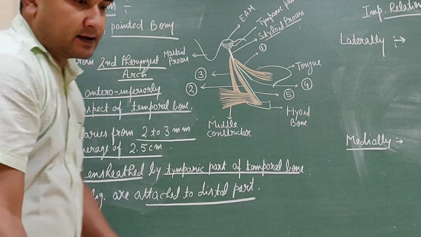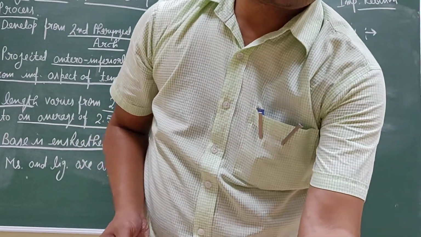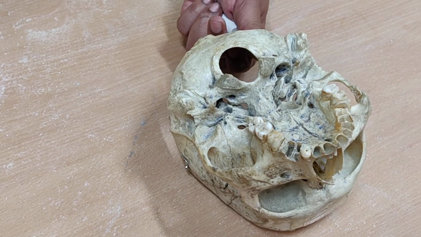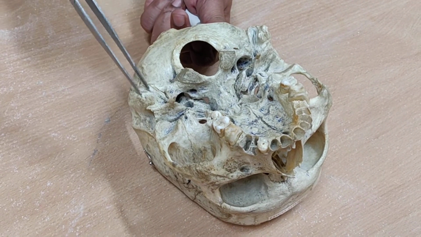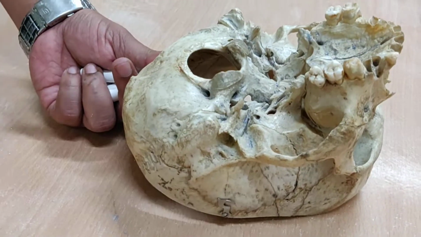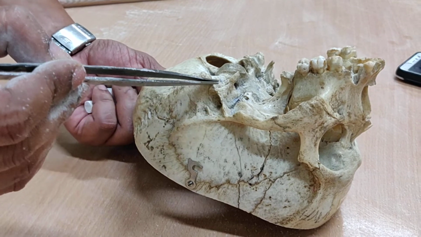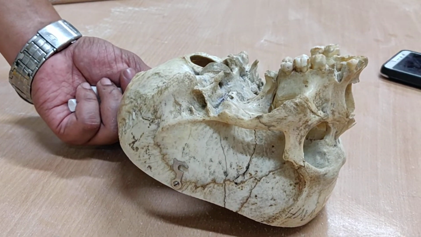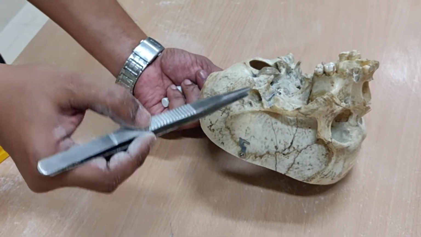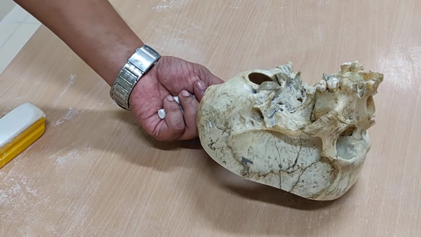Now see, this is the styloid process and this is the mastoid process. Between the styloid and the mastoid is the stylomastoid foramen. This is the tympanic plate, the tympanic part of the temporal bone that forms the floor, anterior and posterior wall of the external auditory meatus.